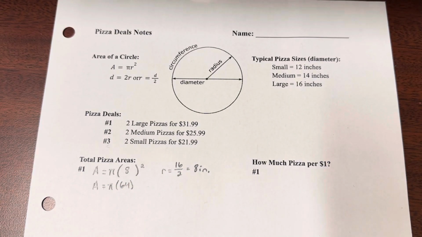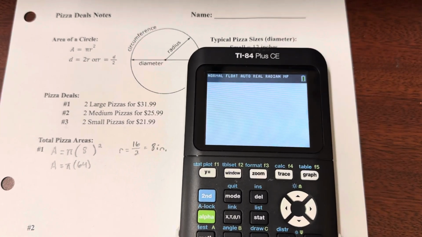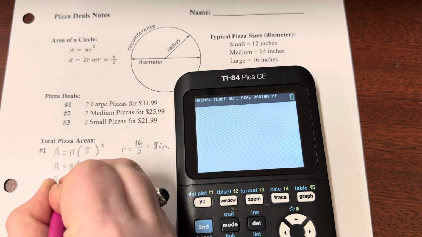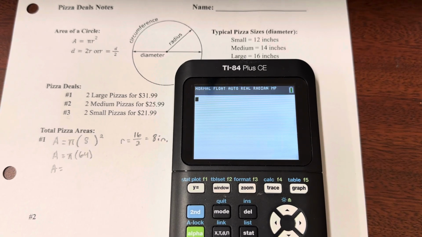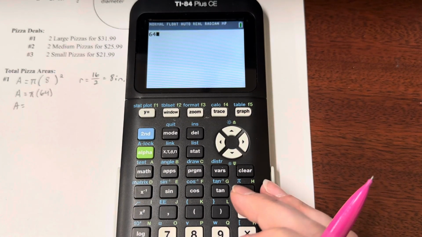And in this case, we actually want to find the decimal approximation for this. Now, instead of using 3.14 as the approximation for pi, I am going to use the pi symbol on the calculator. So I'm going to have area equals 64 times pi. Pi is found right above your exponent button.